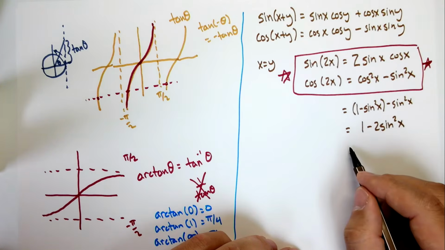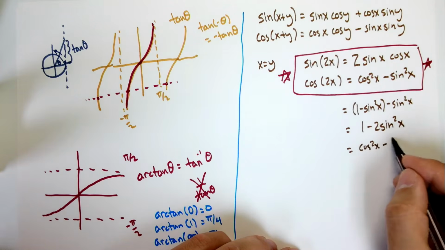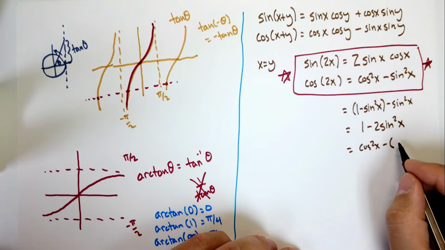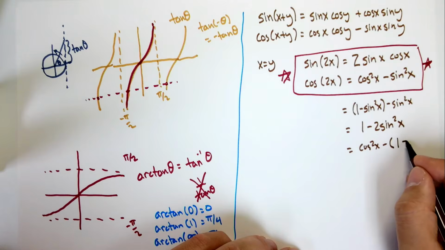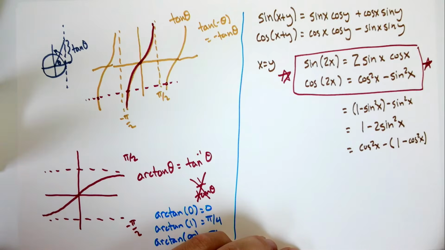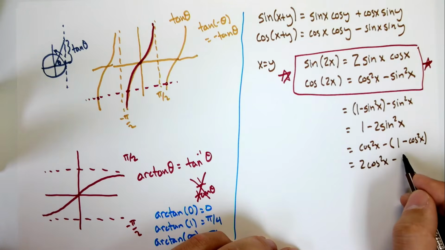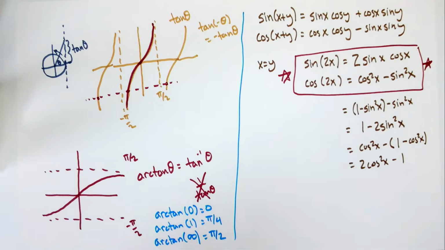But of course, we could also have said this is cosine squared x, but then I can take sine squared x and say that that's 1 minus cosine squared x. And if we do that, we get that this is 2 cosine squared x minus 1. These are both true. So these are other ways you can write cosine of 2x.